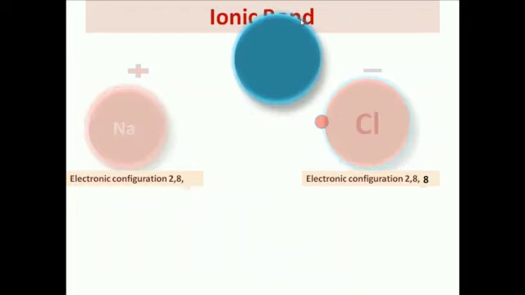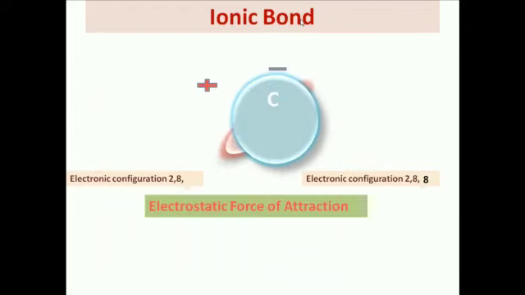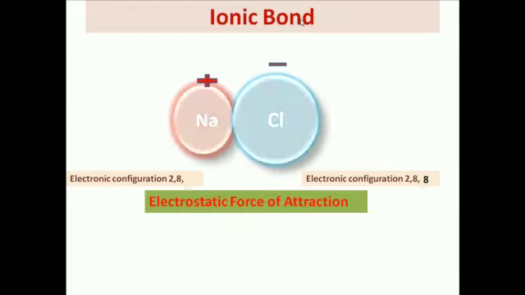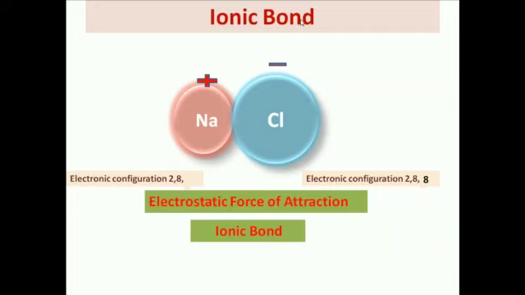Now these two species, positive and negative, are held together by an electrostatic force of attraction. This bond is known as an ionic bond, and these kinds of compounds are known as ionic compounds.